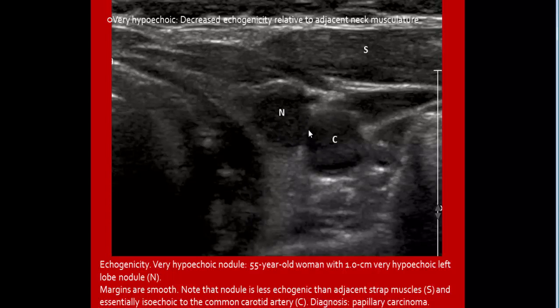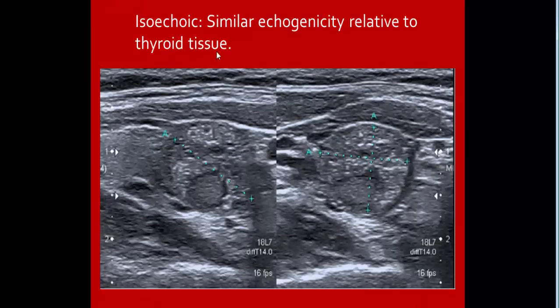This is a case of papillary carcinoma, and if you compare it to the strap muscle, it's more hypoechoic than the strap muscle. Isoechoic: similar echogenicity relative to the surrounding thyroid tissue. So we have hypoechoic, very hypoechoic, hyperechoic, and isoechoic. Very hypoechoic means echogenicity lower than the surrounding neck muscle.